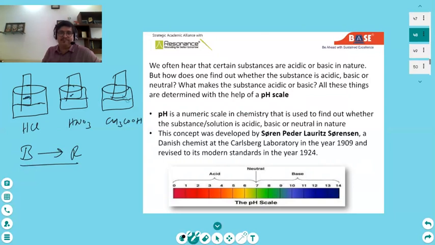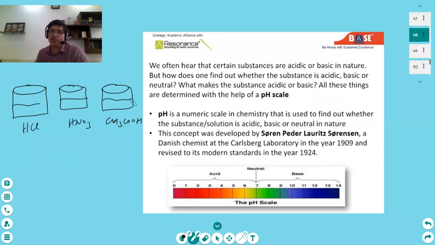All will become red. How to find out which is a strong acid, which is a weak acid? Here acetic acid is weak. HCl and HNO3 are strong. The color will be the same. They will give red color. So in order to differentiate between the acid strength, strong or weak, we need a mathematical scale that is known as pH scale.